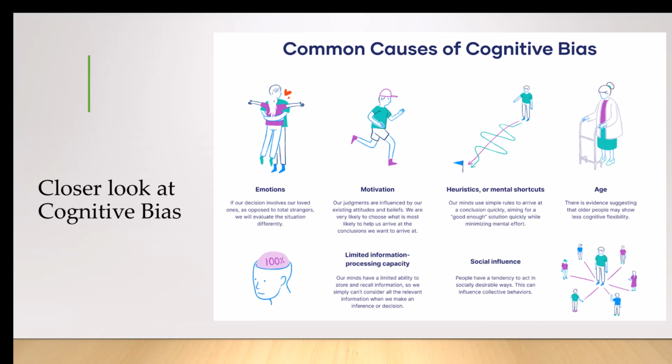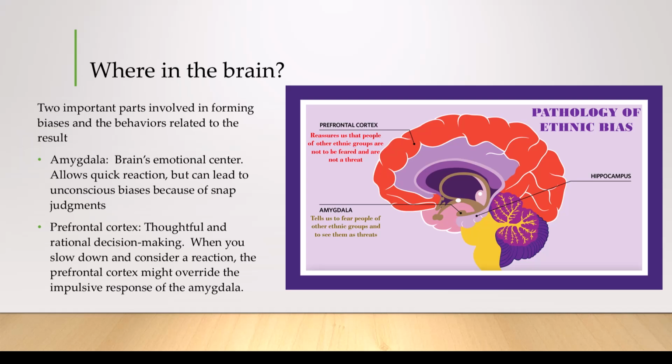The availability heuristic causes us to overestimate the likelihood of events that are more memorable, and overconfidence bias results in excessive confidence in our own answers or abilities. Recognizing these biases can help us to make more balanced decisions. For example, if you hear a news story about a plane crash, you might overestimate the danger of flying, even though statistically it's very safe.